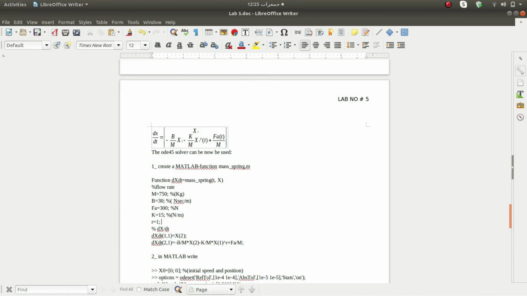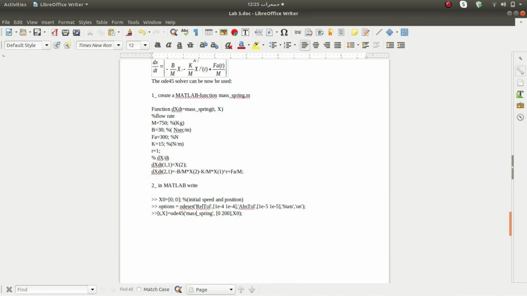So here you can see we have written this equation, and now we are calling this equation right over here in the ODE45. Okay, don't get disturbed with this option command. I will let you know what this option command does.